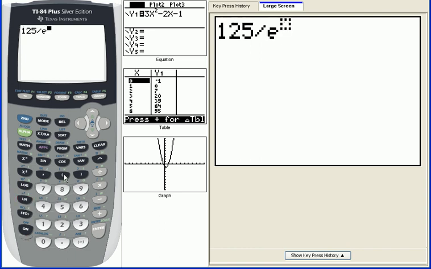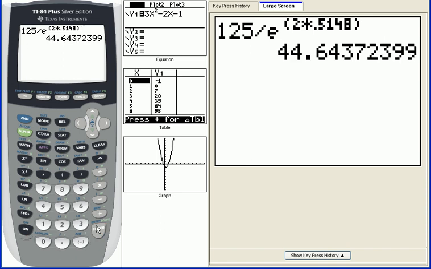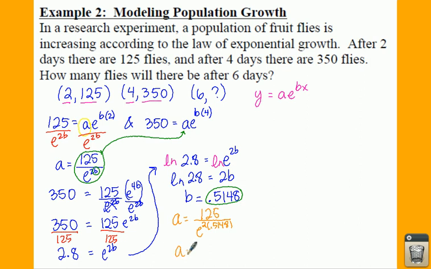Then we'll put parentheses here of 2 times 0.5148. This is going to give us our a value. 44.6437. So a is equal to 44.6437.